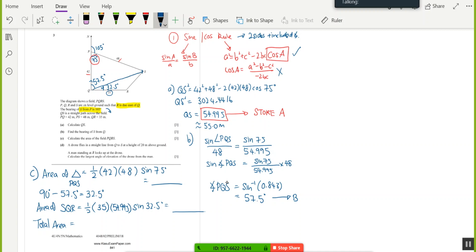Times 48 times sine 75 plus 0.5 times 35 times... yep, 1490. Okay, so total area is equal to 1490.7563, which is approximately 1490 meter squared.